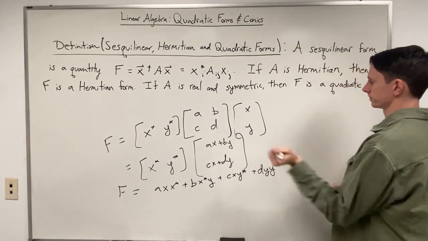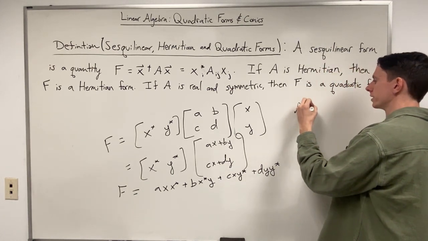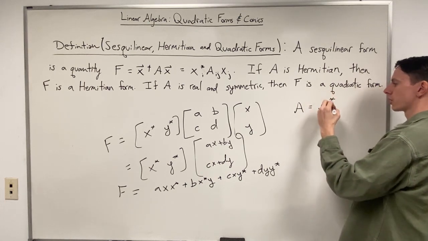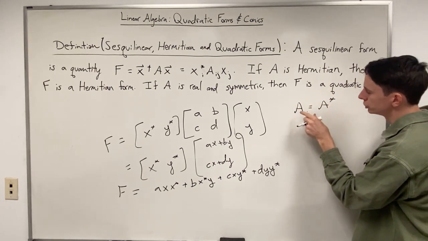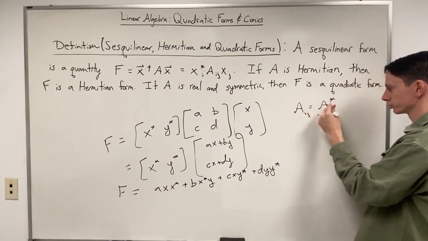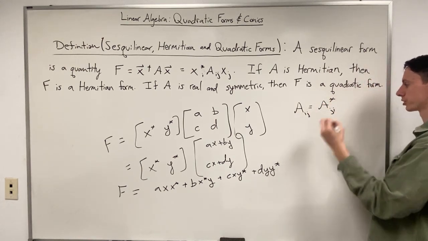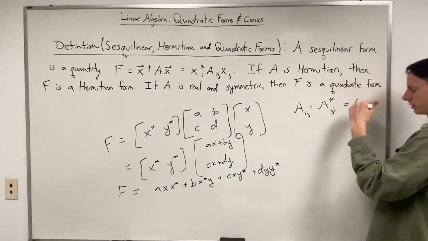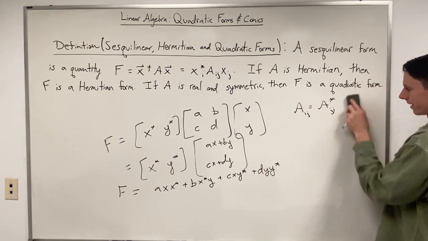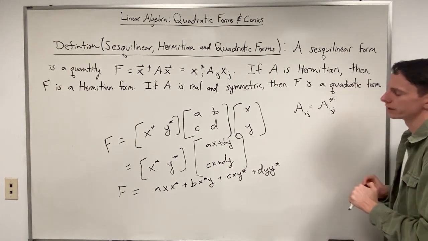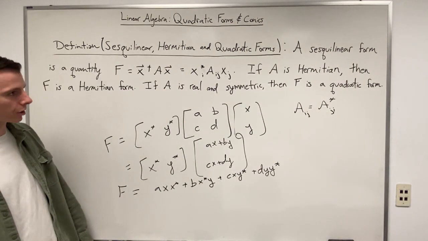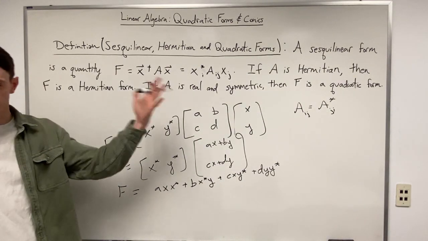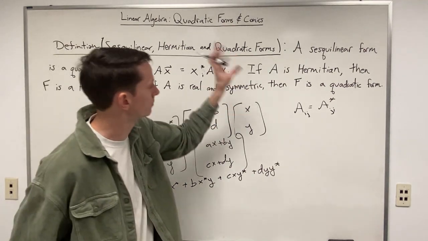Or in other words, say A equals A star, or Aij, the general element of the matrix, is equal to its complex conjugate times its transpose. Yeah, we'll leave it at that, okay? And you can imagine that means only certain matrices are going to satisfy that property. So for the matrices that do satisfy that property, we call it a Hermitian form.